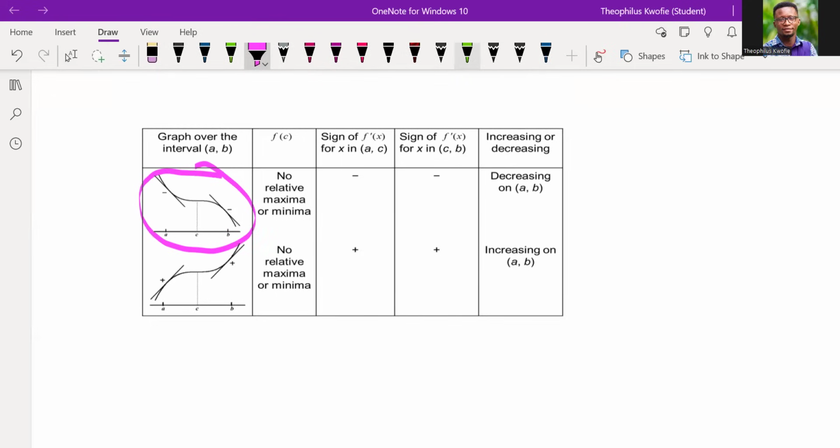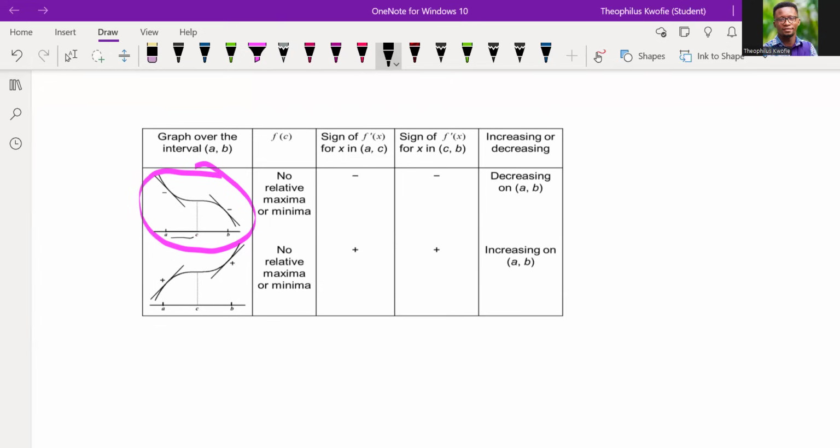We kind of see that within the interval AB, right? But within the interval AC, we saw that the graph began to decrease, right? So the slope began to go down.